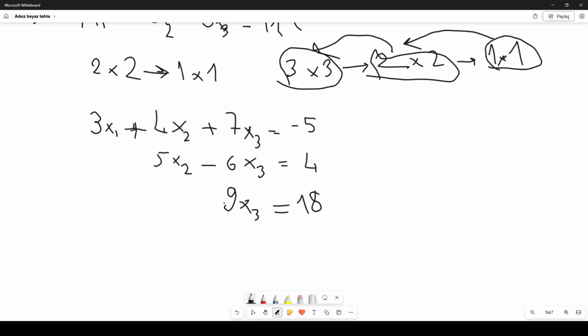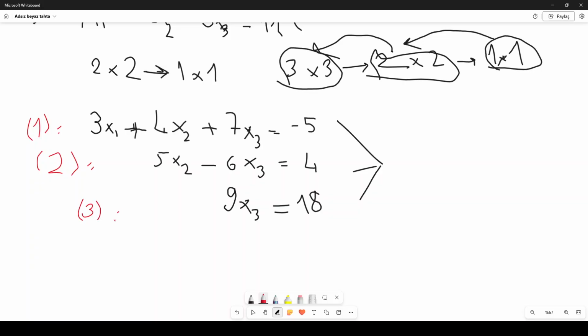Alright, so suppose this is a system that we are required to solve. In other words, what does it mean to solve such a system? We have a 3 by 3 system, right? Beforehand, how did we understand that? Because we have 3 equations, right? If I number them again, this is the first equation, this is the second equation, from top to bottom I number them, and this is the third equation.